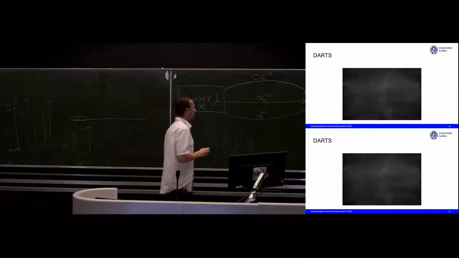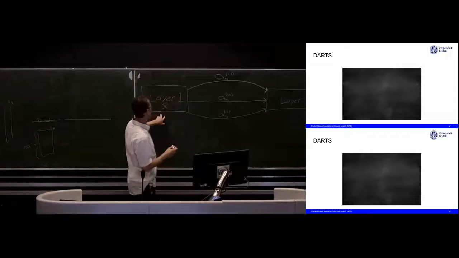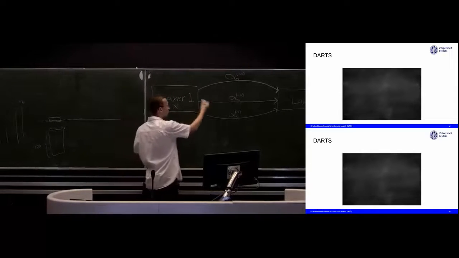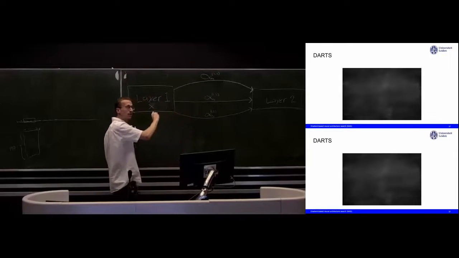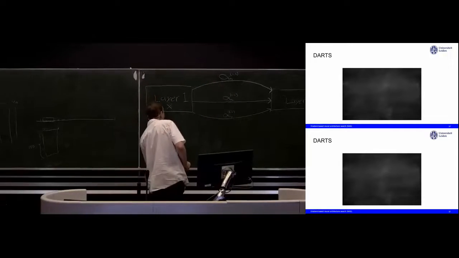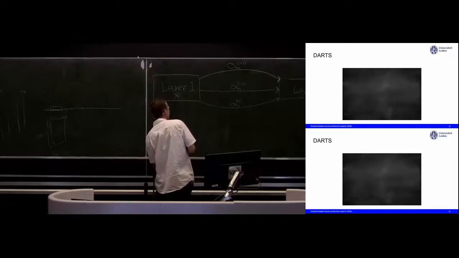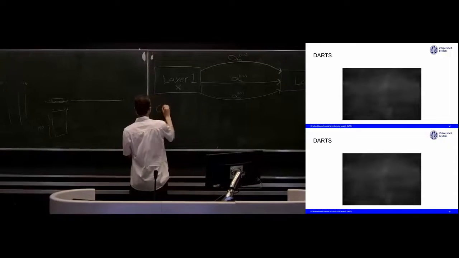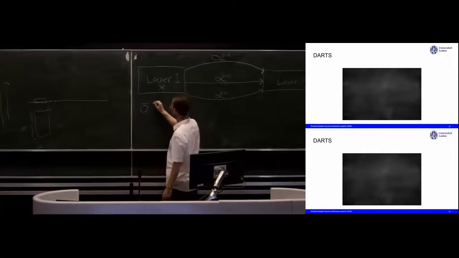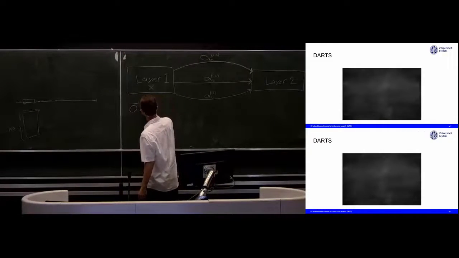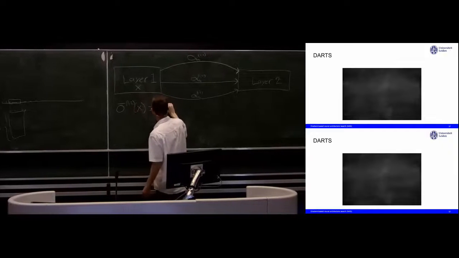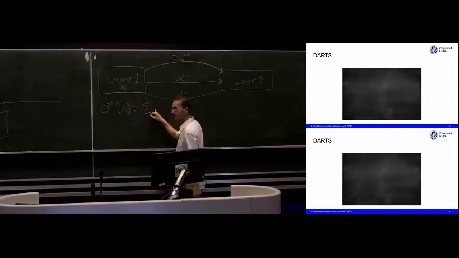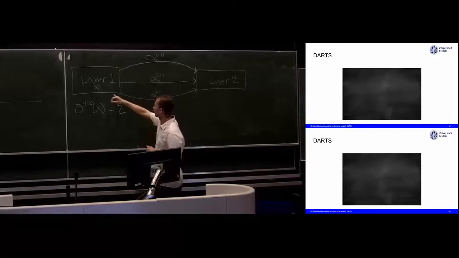And what we then do is we say that the output of going from layer 1 into layer 2 is going to be a mixture of these different operations. How we denote this is that the output, which we denote by O hat from layer 1 to layer 2, applied to our input X, is going to be a weighted combination of the different operations applied to our input.